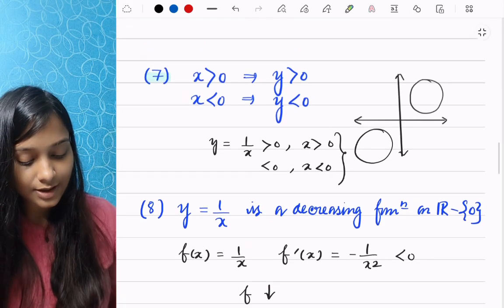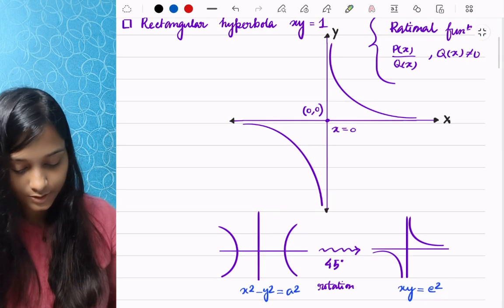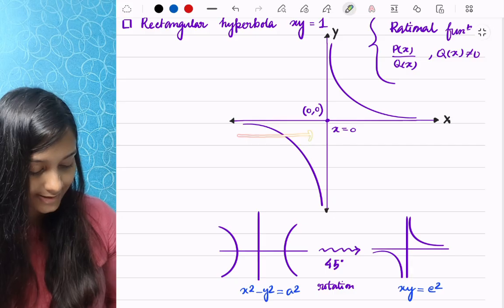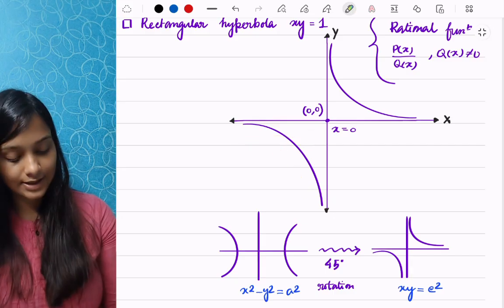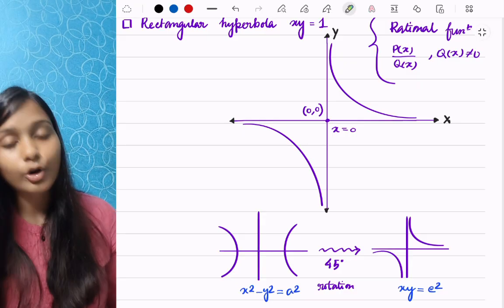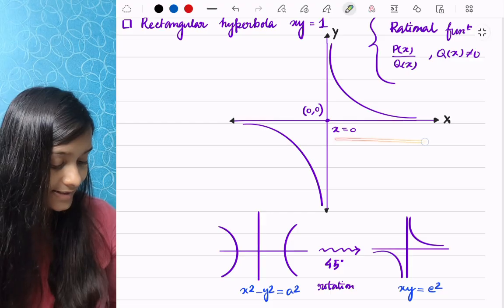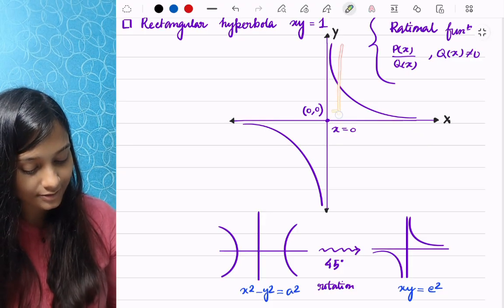Now if we check the graph of this function, we get that here as x increases, the value of y decreases. Okay, on the left hand side of x equals 0, and for the right hand side of x equals 0, again as x increases, the value of y decreases.